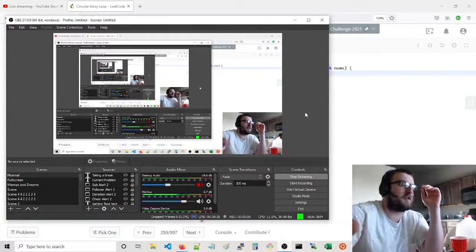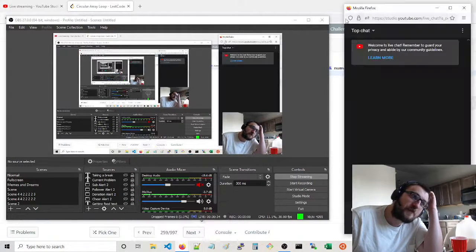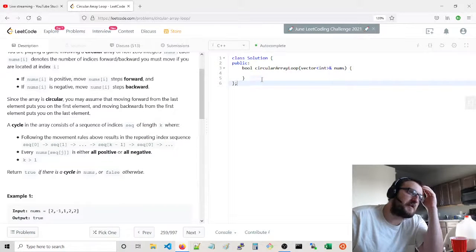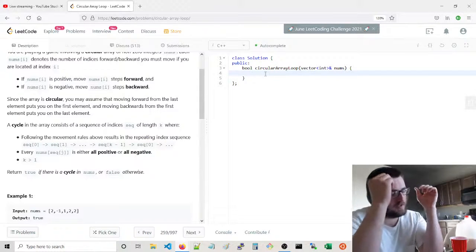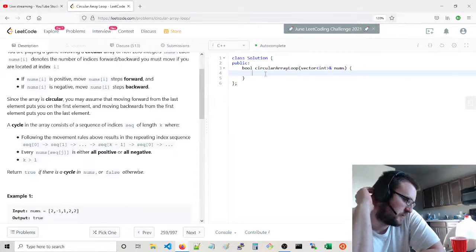Yeah. So, I'm trying to figure this out here. That's not really an ideal algorithm, going starting point by starting point.